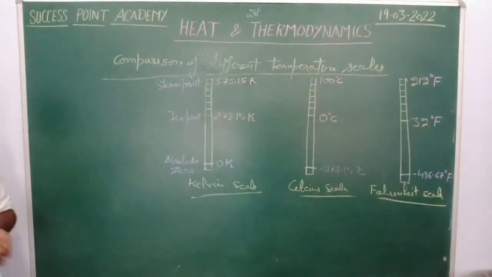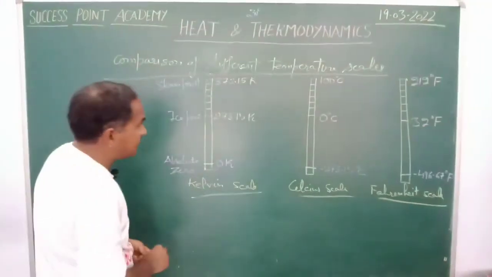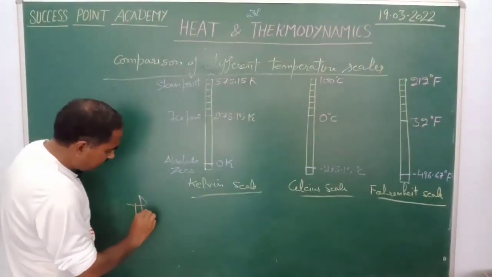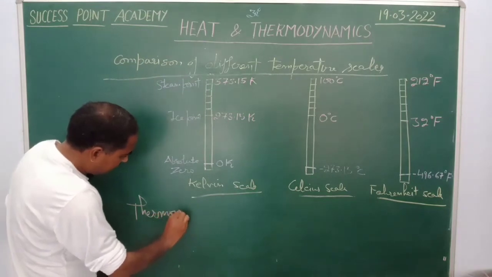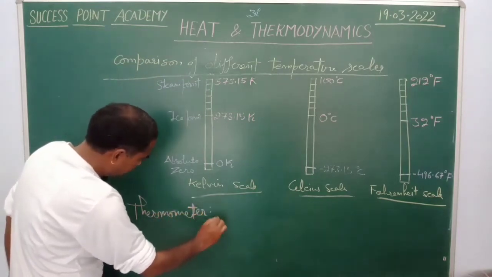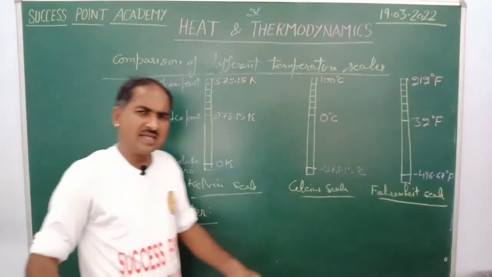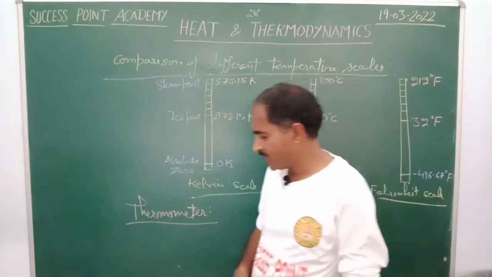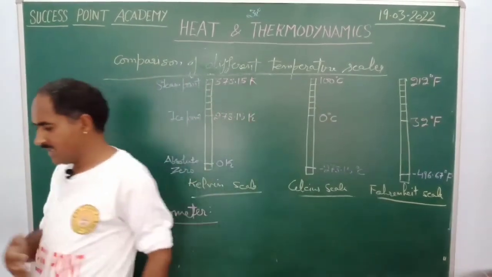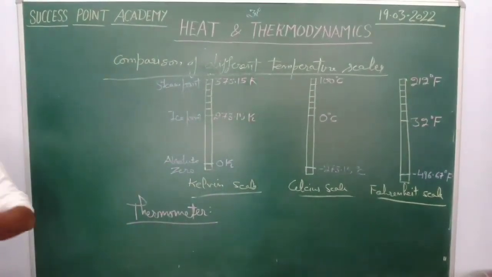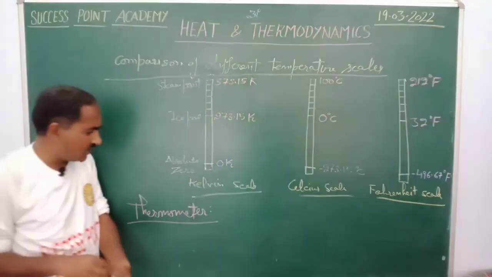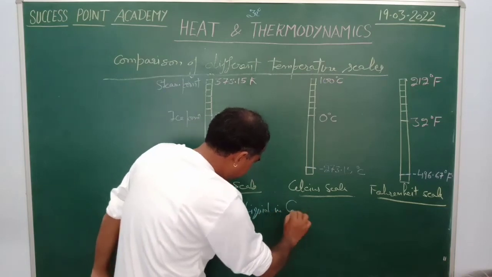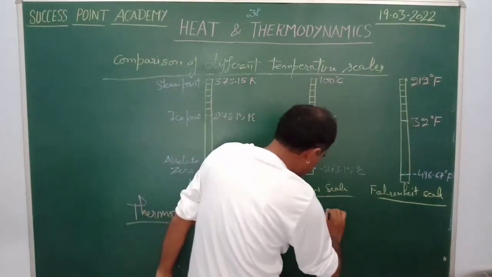Okay. So now, how do we measure temperature? What are the devices? The device to measure this is a thermometer. There are various types of thermometers. Mercury thermometers are there. In physics, we have the liquid in glass thermometer.